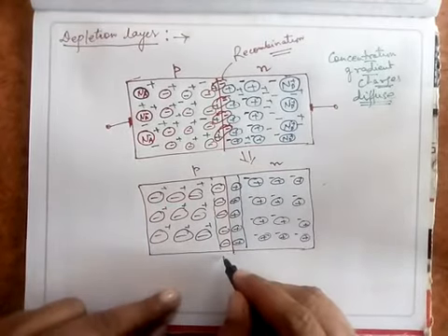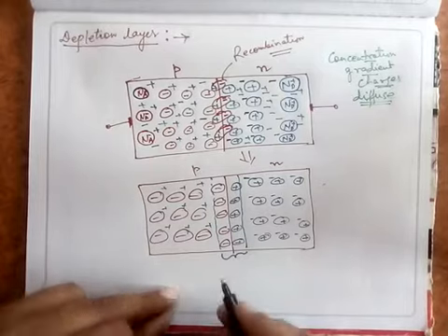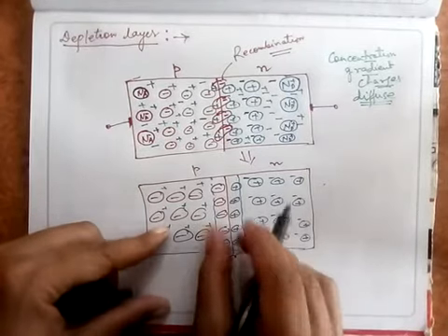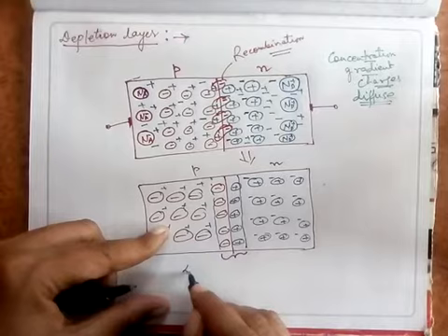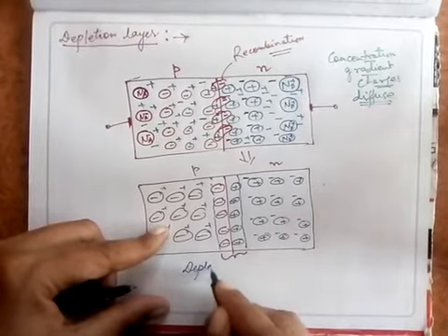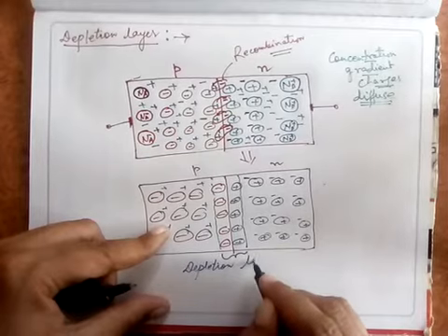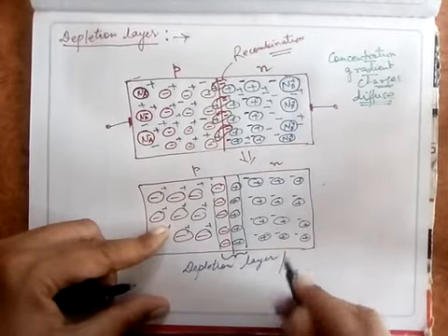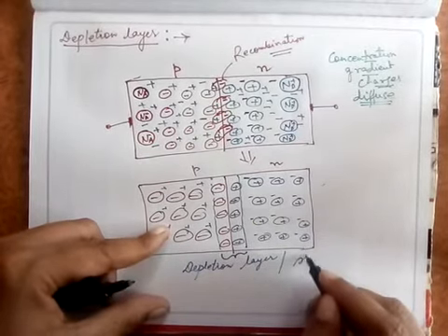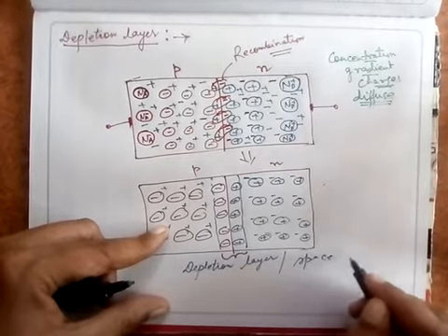And this particular layer is called the depletion layer, or this region is also called the space charge region.